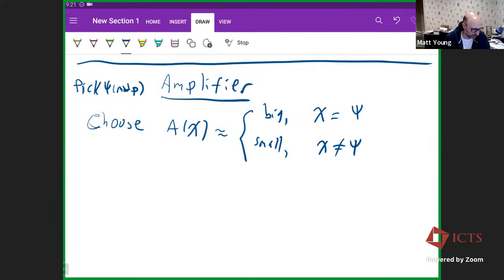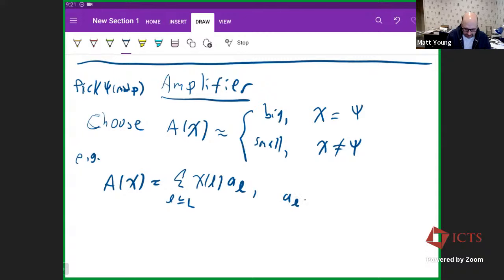So an example of something that might do this is to choose A of chi to equal the sum over little l up to capital L of chi of l times A sub l, and you choose A sub l to be psi bar of l.